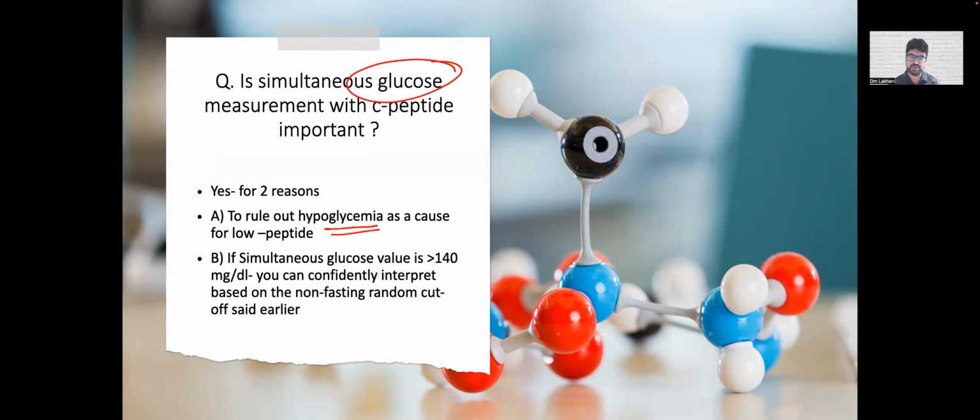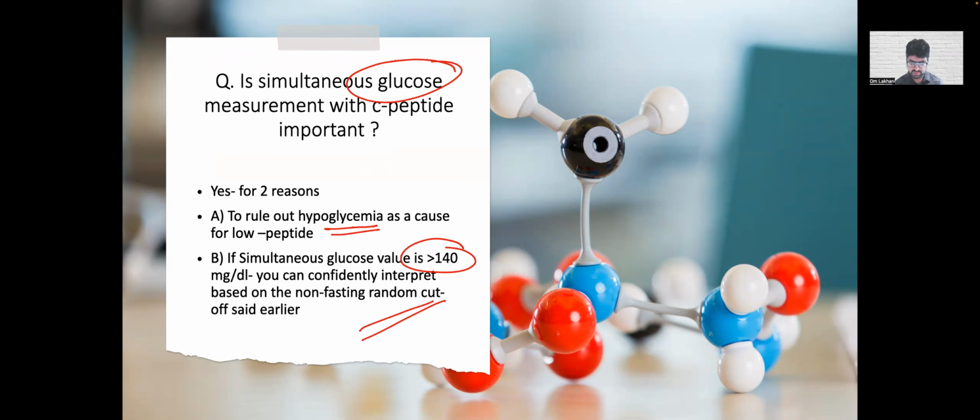And secondly, interpret the random C-peptide only if the simultaneous glucose measurement is more than 140 milligram per deciliter. If required, you may repeat the test, but do not interpret the random C-peptide if the simultaneous glucose value is less than 140.